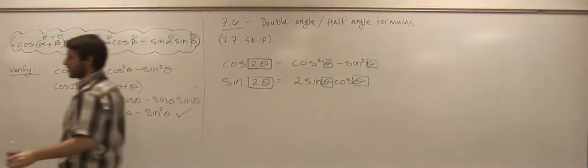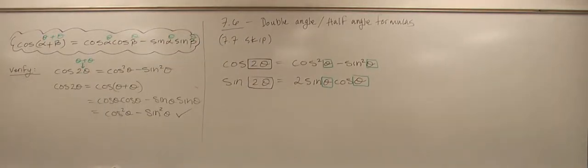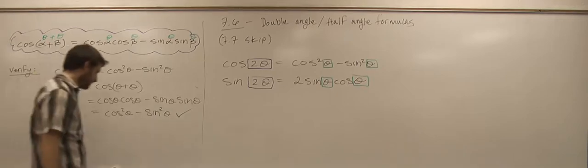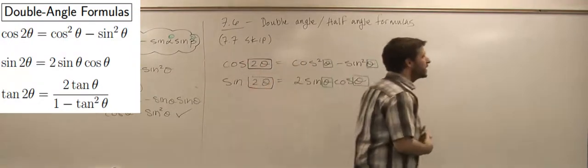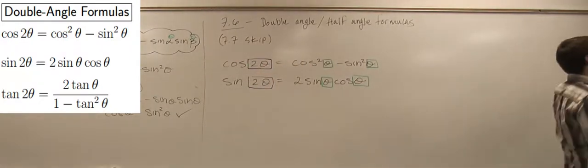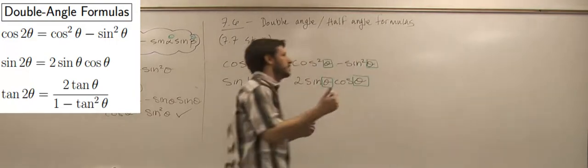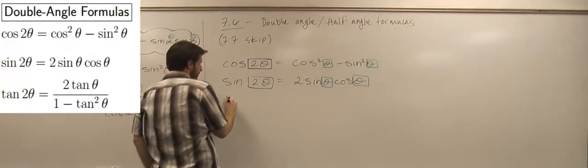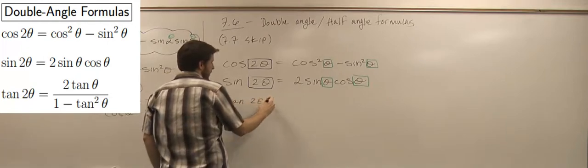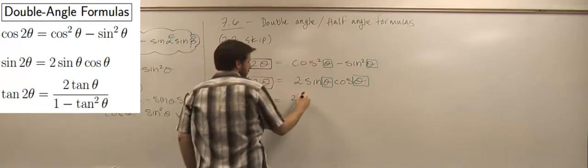Let's work through some of these examples. So I listed all of the double angle formulas for you here. I wrote 2 of them down, the cos 2 theta, sine 2 theta, tangent 2 theta. I usually just do sine over cosine if I'm going to do tangent, but if you want tangent 2 theta, here it is.